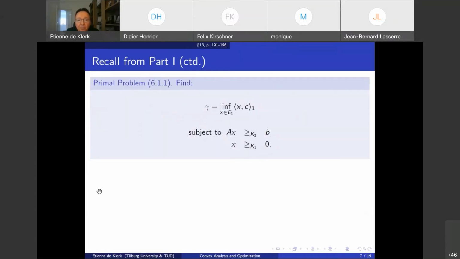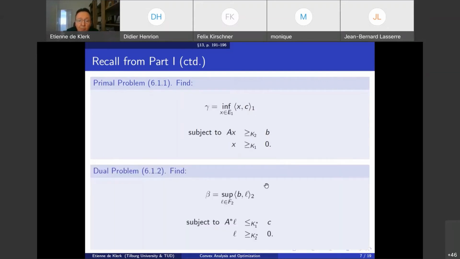Okay, so our general primal problem was in this form. Remember, later on we assumed the canonical form without loss of generality, where K2 was just the zero cone. So then this became AX is equal to B. But I said that in some cases it's useful to have the more general setup, and for us it is going to be useful now.